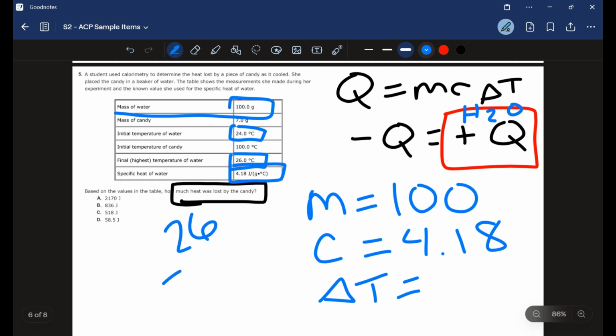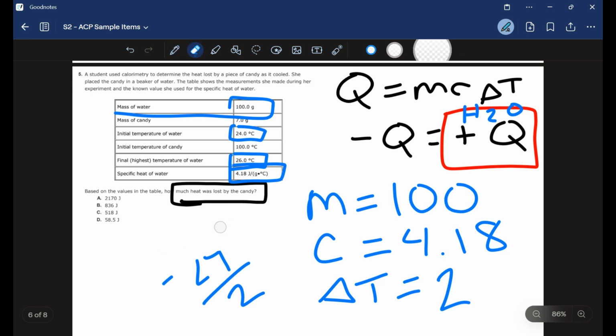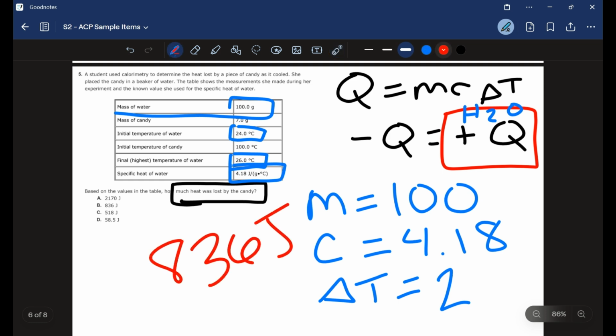So 26 minus 24 is 2. So the change in temperature is 2. So now you would just have to plug that into your calculator to get your answer. So you would do Q equals MC delta T, which means you're going to do Q equals 100 times 4.18 times 2, which is 836 joules. And if that's our positive Q, then that means that should also equal our negative Q. So our answer here is B.